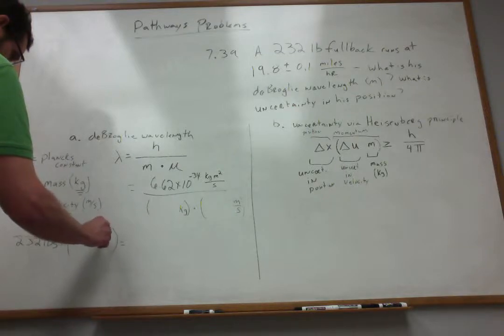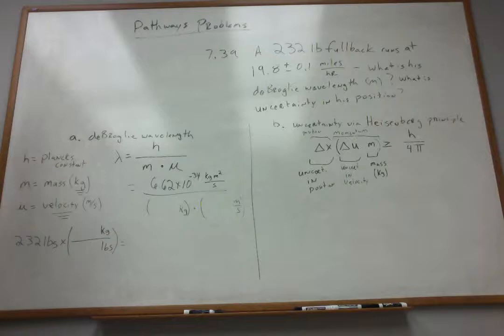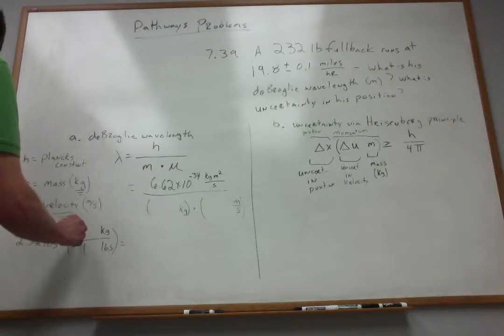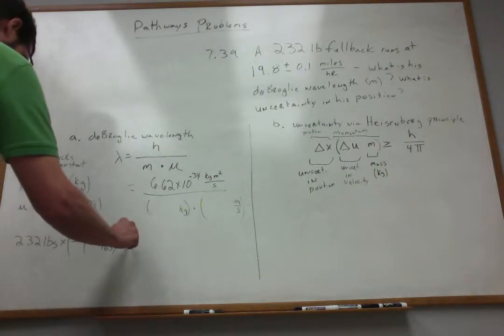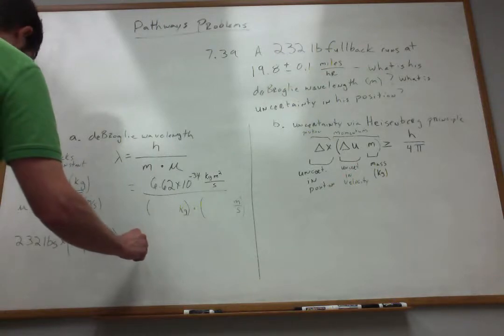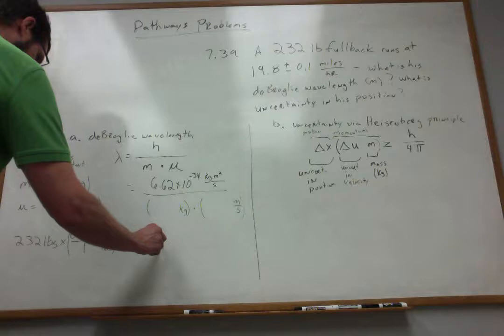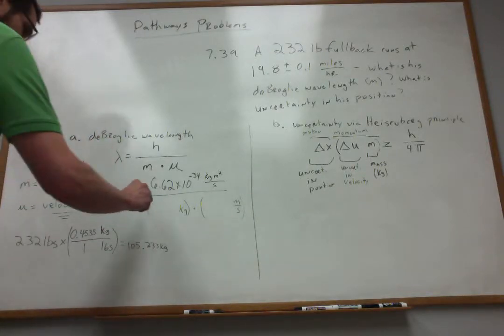It just so happens, if I look up the conversion factor, 1 pound is physically equivalent to 0.4535 kilograms, which allows us to quickly determine that this football player's mass is 105.233 kilograms.